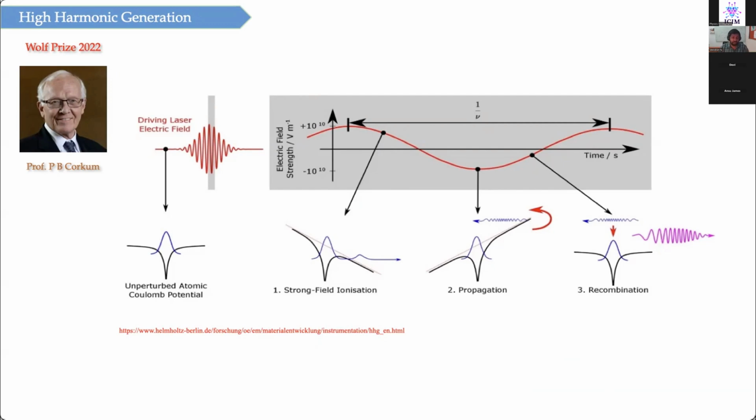So the electron is sitting in the Coulombic potential of the nucleus, which is getting modified. When it modifies, at some point, there is a chance that some part of your wave function is going to get tunneled. And the tunneled electron would come out of the system, represented by what is called strong field ionization.